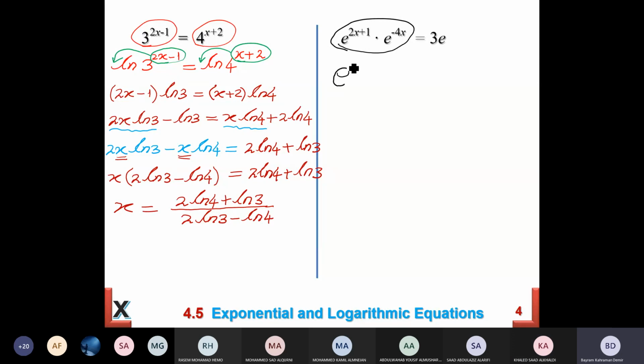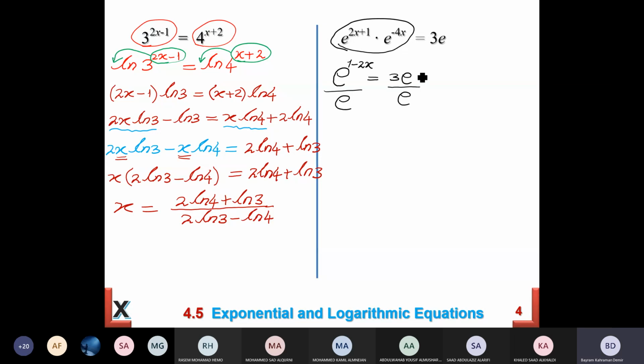So you will get 1 minus 2x, am I right? Equals 3 times e. Of course, we can simplify this by dividing both sides by e.